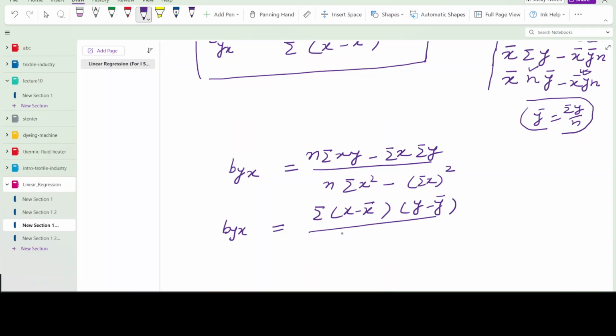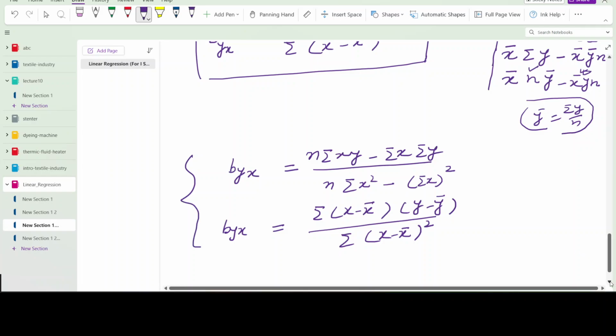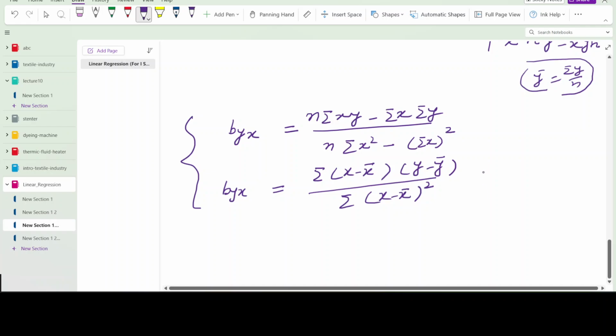Both are similar expressions, but this equation will help us in seeing correlation more clearly.